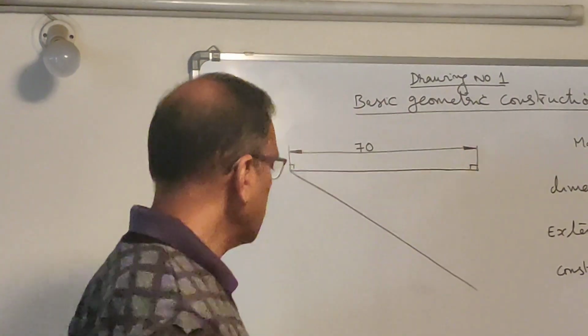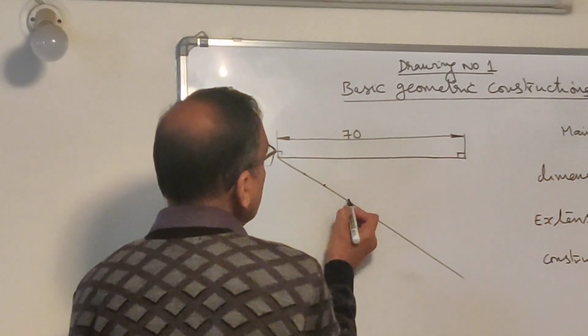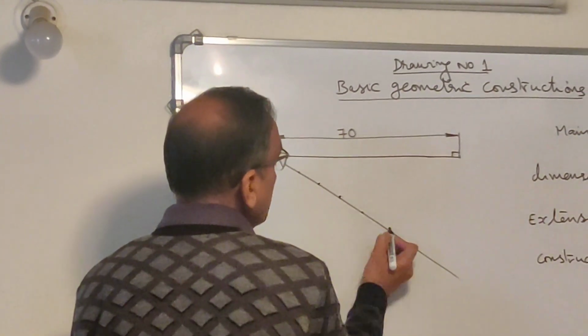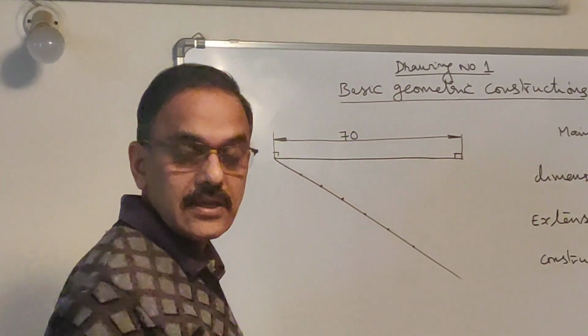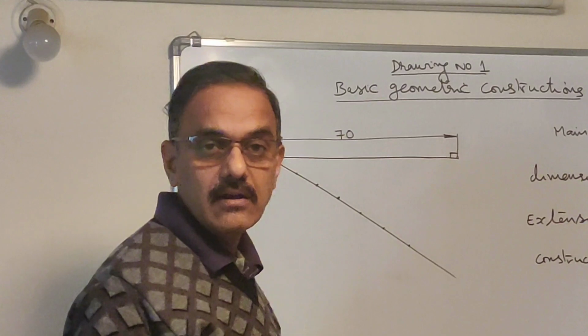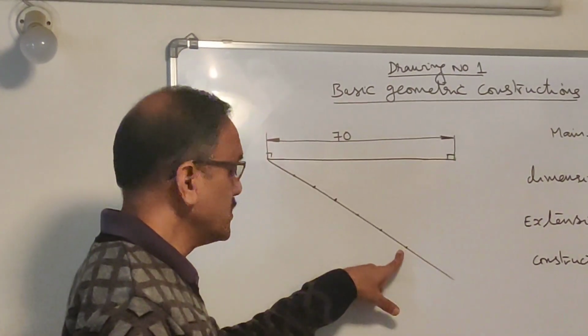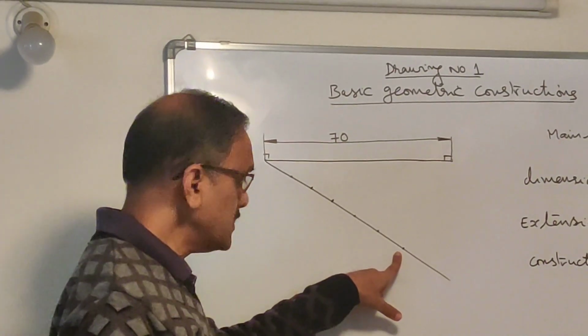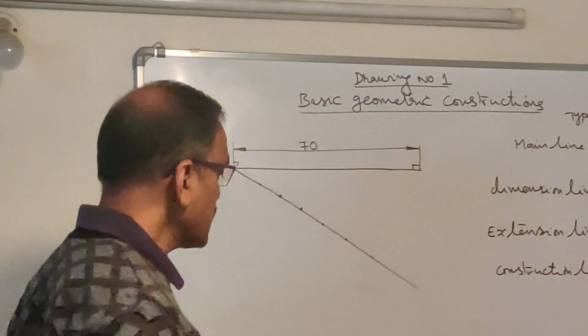Let us say I have taken each 10 mm. So 10, 20, 30, 40, 50, 60. Let us say each division is taken 10. So I have marked 6 equal divisions on this line. Now this is the 6th division point. So this division point will be connected with the tip of the line using a construction line.